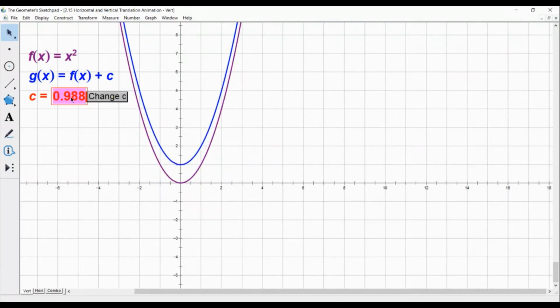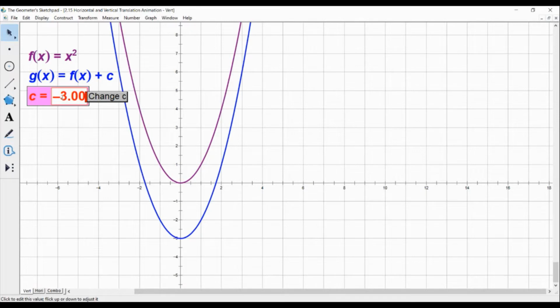So let's let that be 1. So hopefully you can agree that C will create a vertical translation. Whether it's upwards or downwards depends on what the value of C is. If C is 1, like I've made it to be, then we have a vertical translation 1 unit up. If C is equal to, I don't know, like -3, you translate it 3 units down.